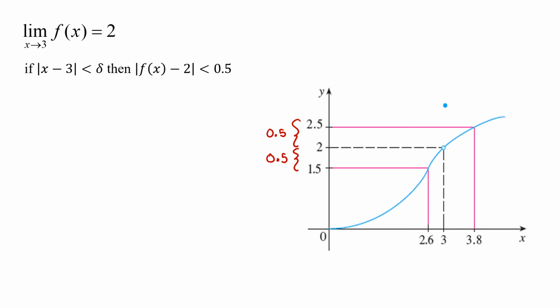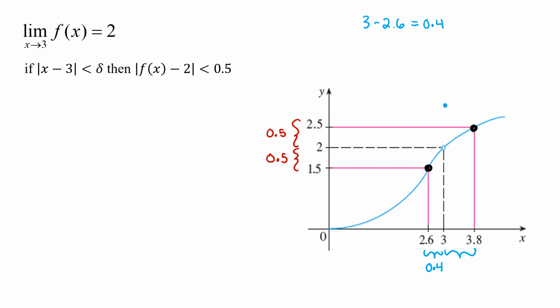And luckily for this graph, we see where these bands intersect with our function, and we see the x values that would give us each of these outputs. So now we just need to find the distance between these delta bands. So the distance between 2.6 and 3 would be 0.4, and that just comes from 3 minus 2.6.